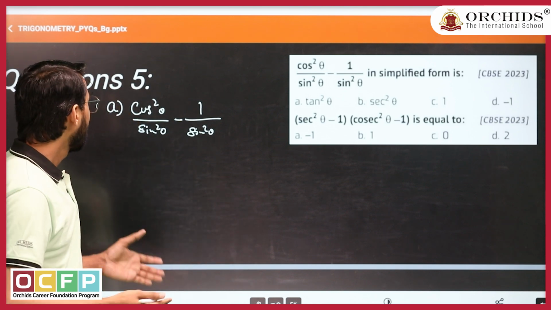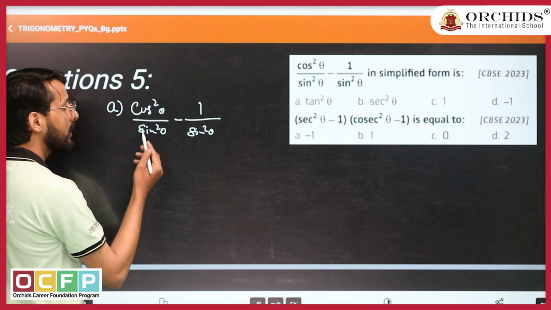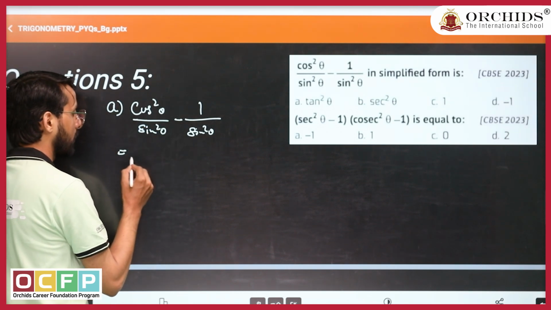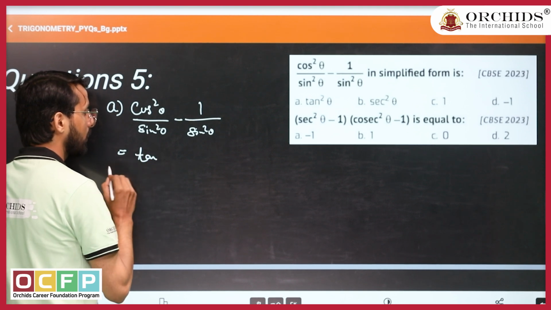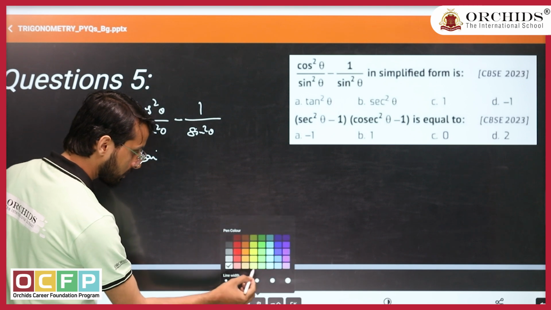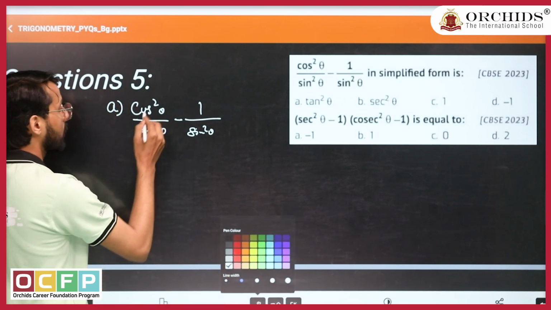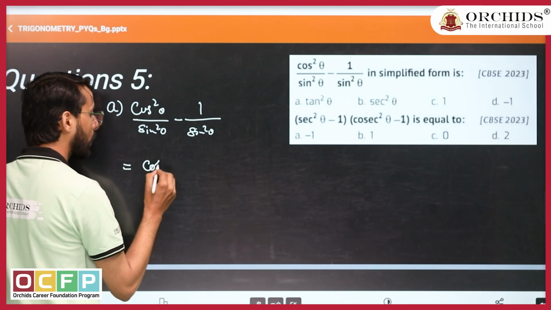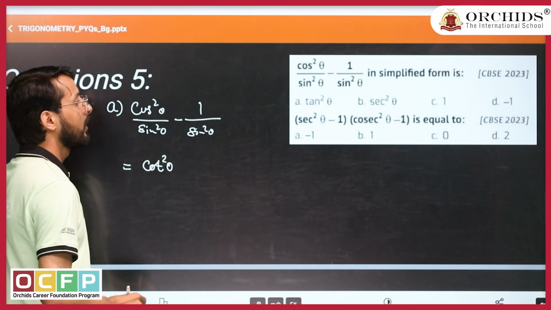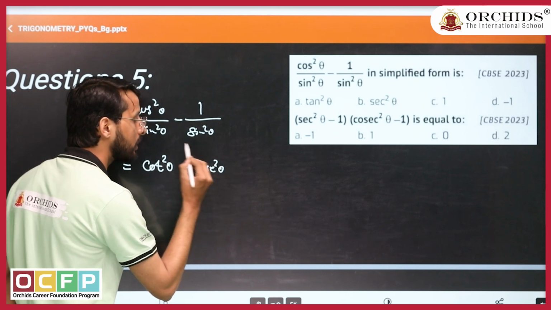Either you can take the LCM, or cos by sin we know is tan, so the reciprocal of tan. A better way is, cos by sin, I can write cot square theta. And 1 by sin square theta is nothing but cosecant square theta.